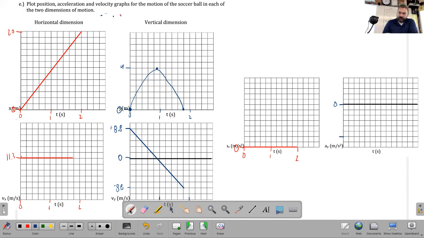We'll just call this negative 9.8 meters per second squared, and that happens for, let's see, up to 1.8 seconds, just like that. So the acceleration is negative 9.8 meters per second squared in the negative y direction for all 1.8 seconds. So that's how the graphs go. That's number 2.